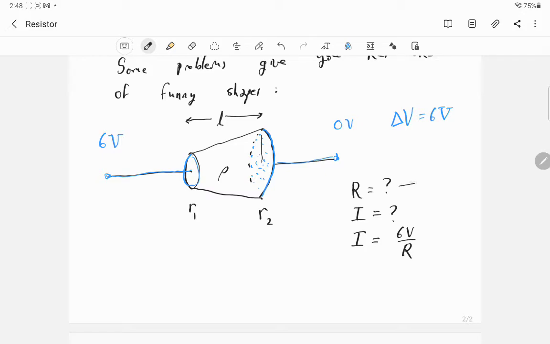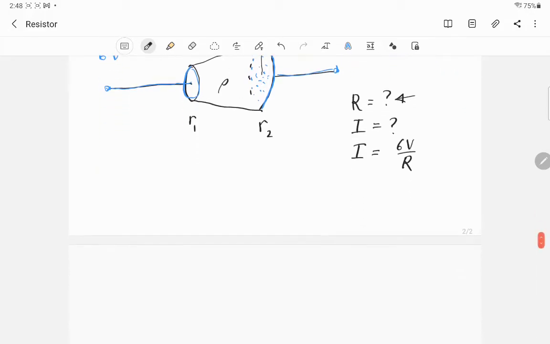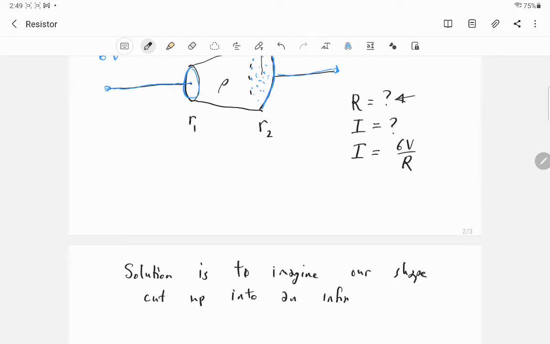But this is the hard problem. The solution to getting the resistance is to imagine our shape cut up into an infinite number of disks.